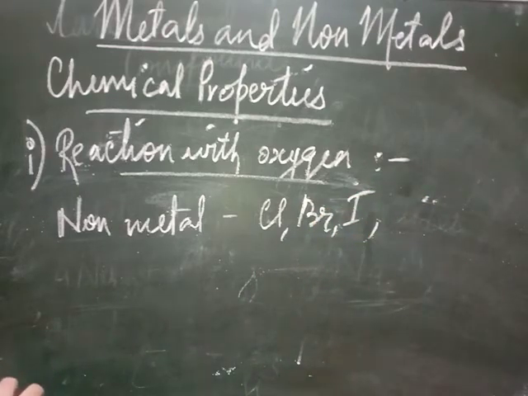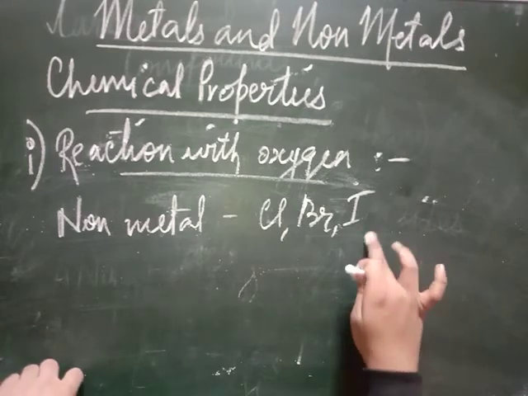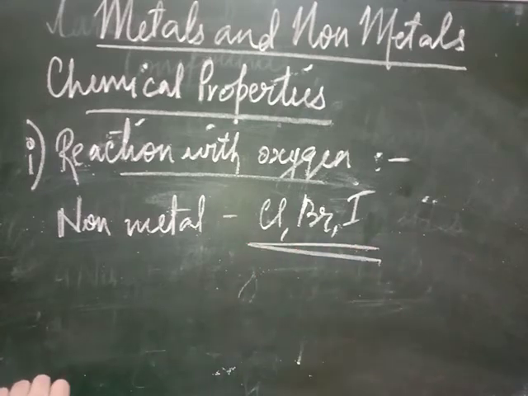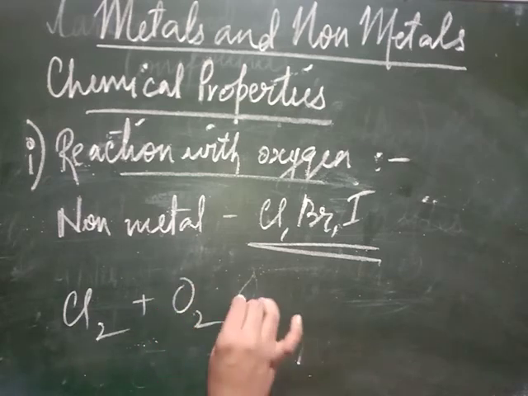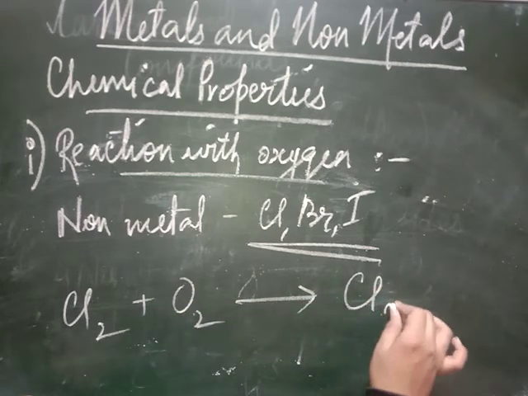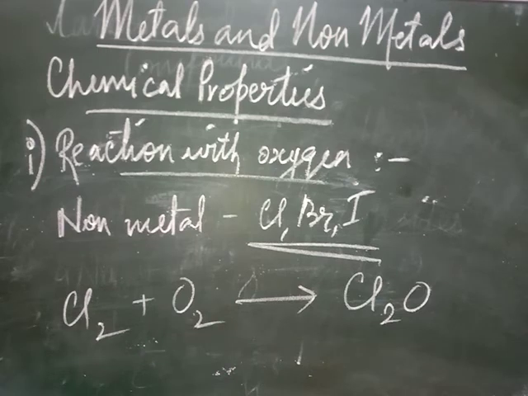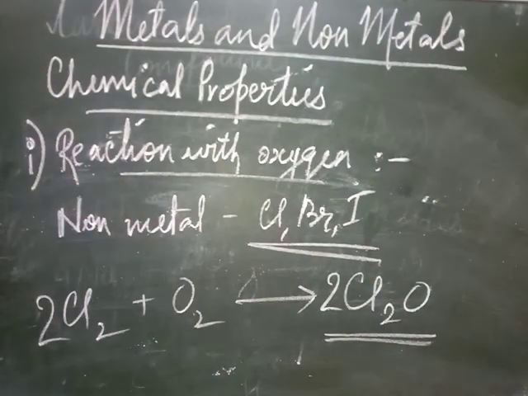Though carbon is not a non-metal, leave that. Suppose chlorine, Cl2, reacts with oxygen, it will form Cl2O, chlorine oxide. So what is the pH nature of chlorine oxide?